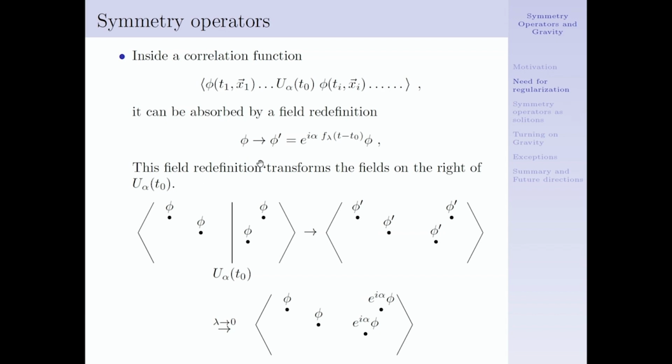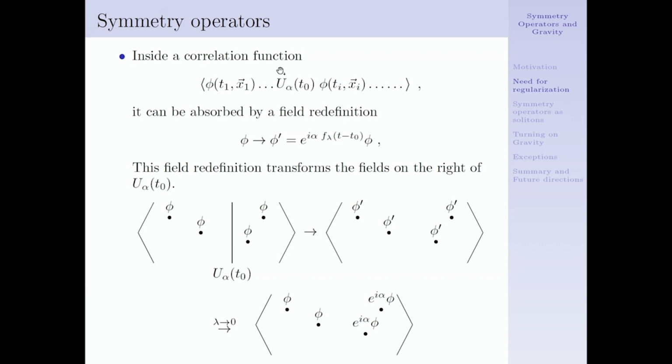By that I mean that if we start with this correlation function, we can do this field redefinition and remove the operator U at the cost of transforming all fields phi. Now we can take the lambda going to 0 limit, and only the function f will become a theta function, and it will transform the fields only on one side of the defect. So this field redefinition is the analog of moving U to the right and acting on the vacuum.